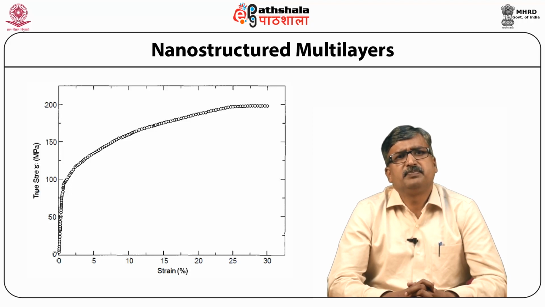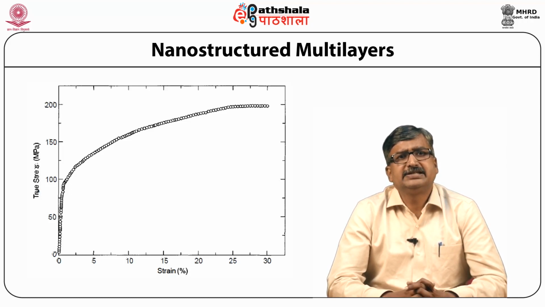Since the material has a density of about 6.5 grams per cubic centimeter, the interface area density is 154 square meters per gram, comparable to that of a typical heterogeneous catalyst.